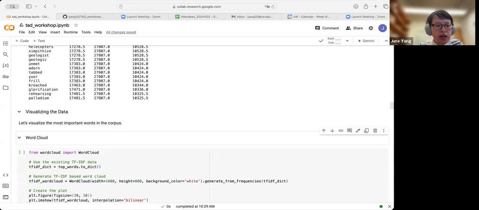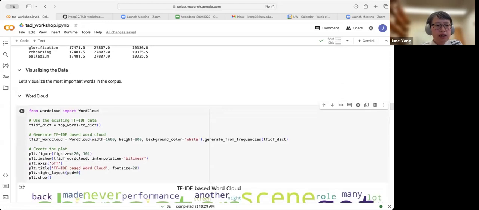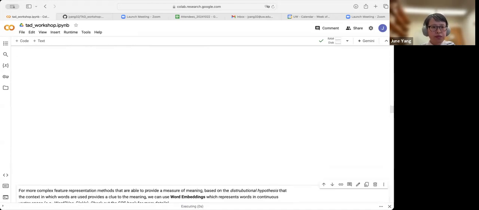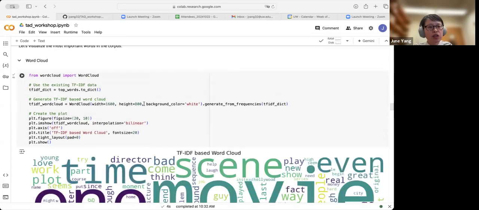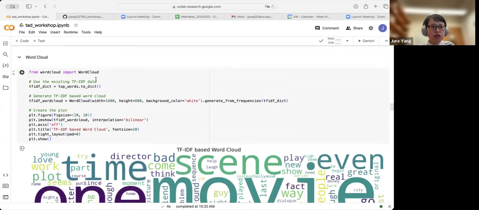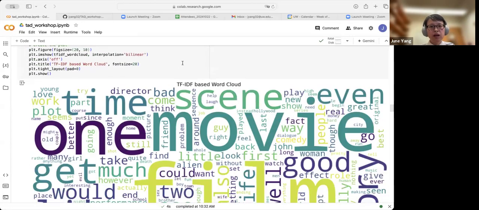We can also try to visualize the data by using the word cloud. So in this step, I'm using the word cloud function from the word cloud package to give us a word cloud plot based on the TF-IDF weights.